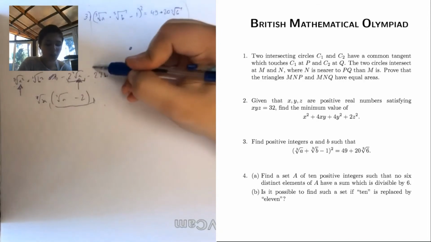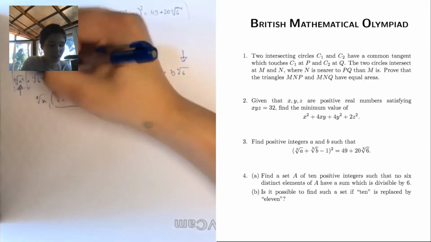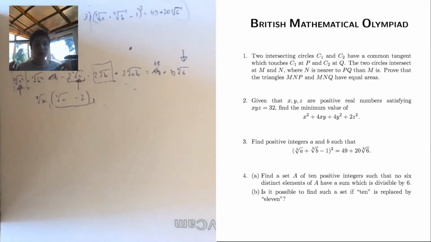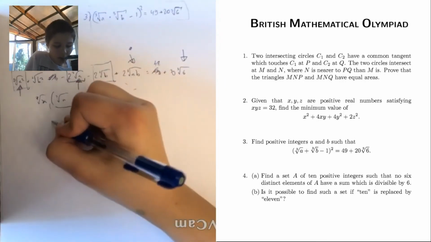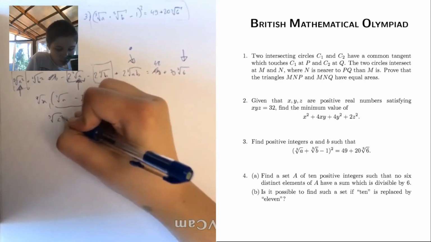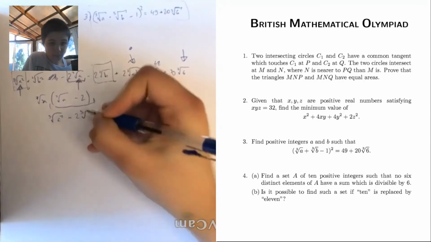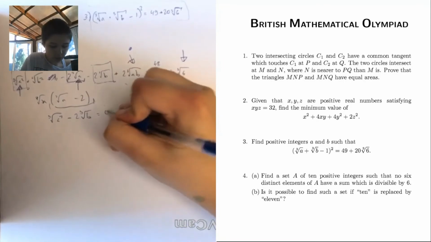So you need the cube root B to cancel out the cube root A squared, or the cube root A to cancel out the cube root B squared, or maybe this to cancel out something, but I'm going to focus on the cube root. I want cube root A squared minus 2 cube root B to be equal to 0.